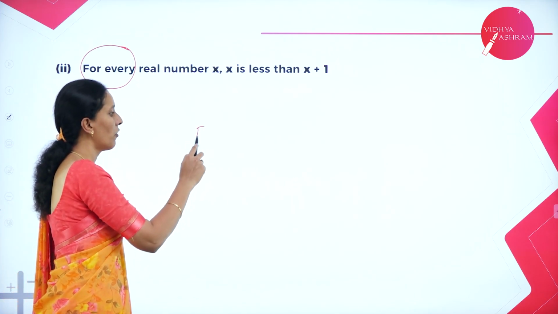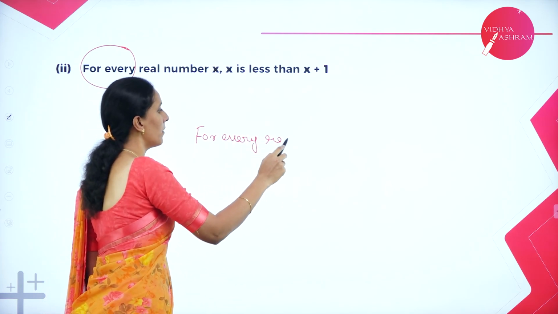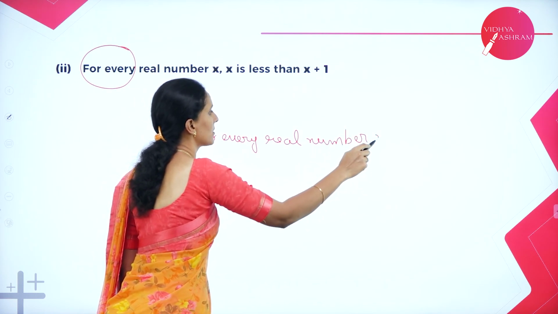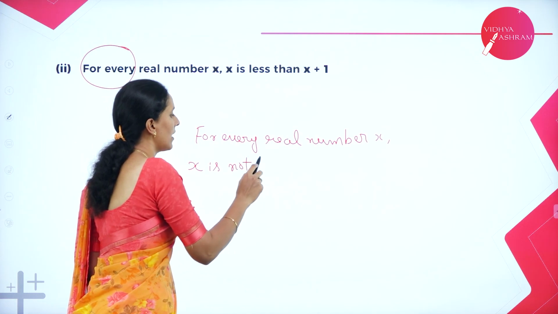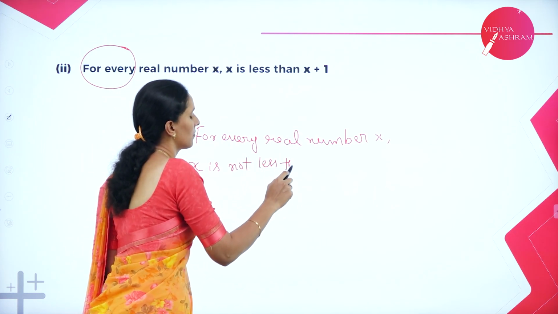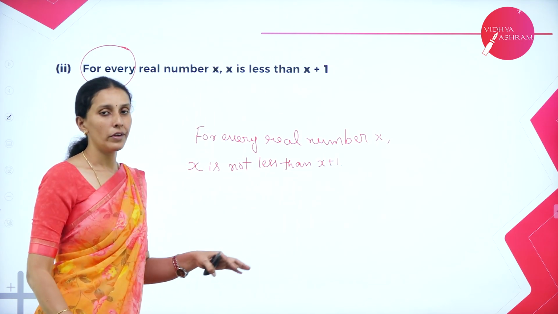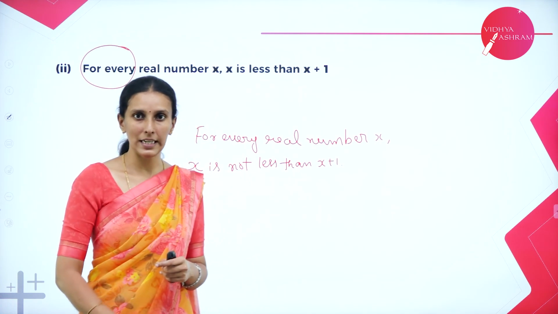So we will write, for every real number x, x is not less than x plus 1. So this is how we will identify the quantifier and write the negation of the statement.